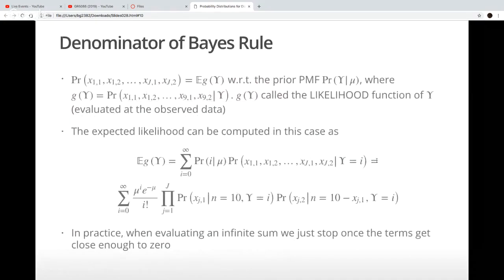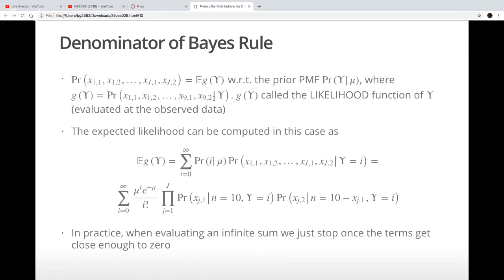So the denominator there can be thought of as the expectation of some g function of upsilon, where the g function is the conditional probability of the data given upsilon, and we're weighting it with the prior probability function. And so g is what's known as the likelihood. It's considered to be a function of the parameters because it's only going to be evaluated at the observed data.